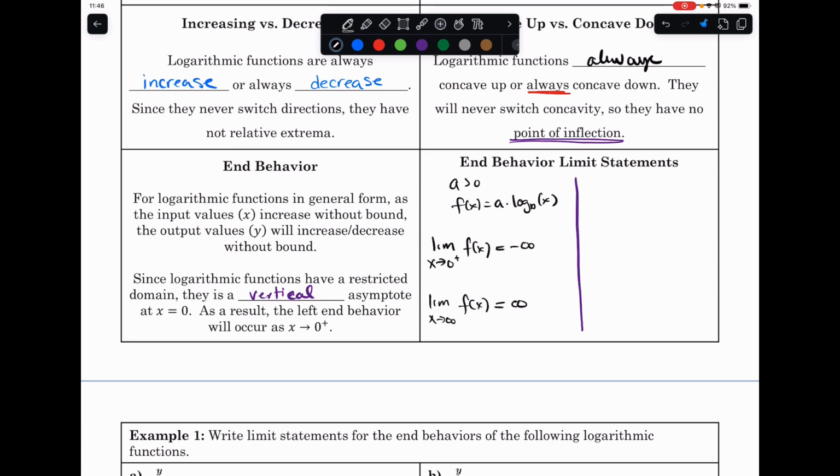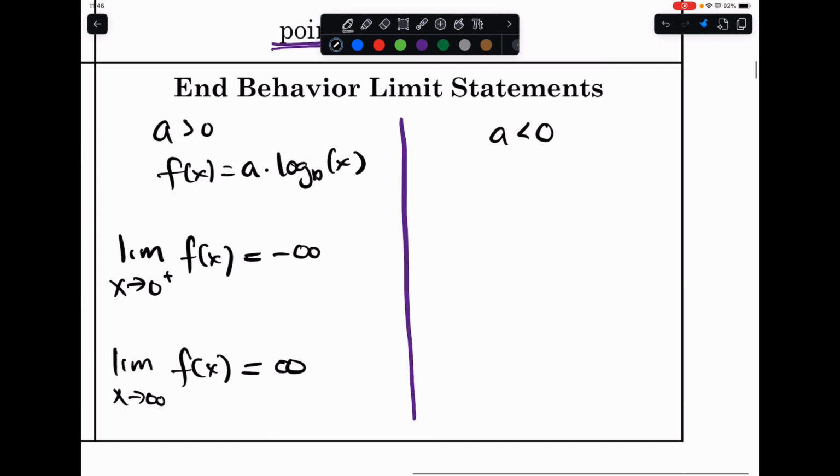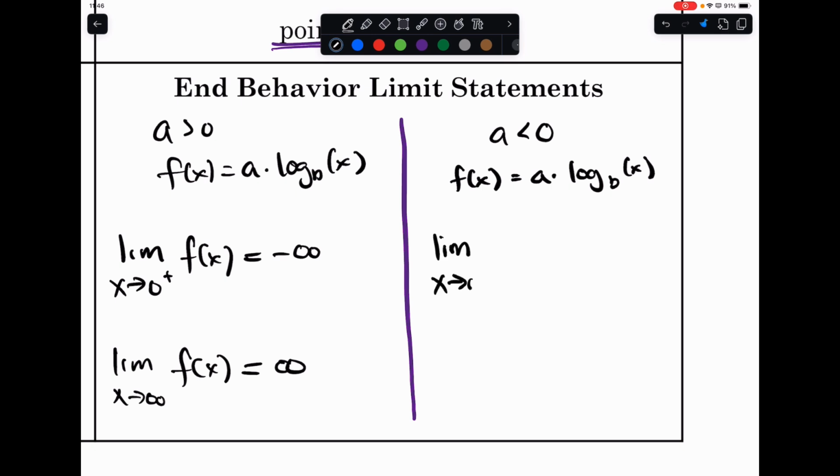Now, if your value of a is negative for the function, let me zoom in, for f of x equals a times log base b of x, then the opposite is going to occur, simply going to reflect, and on the vertical asymptote, the left end will be pointing upwards and the right end of the function would be pointing downwards.